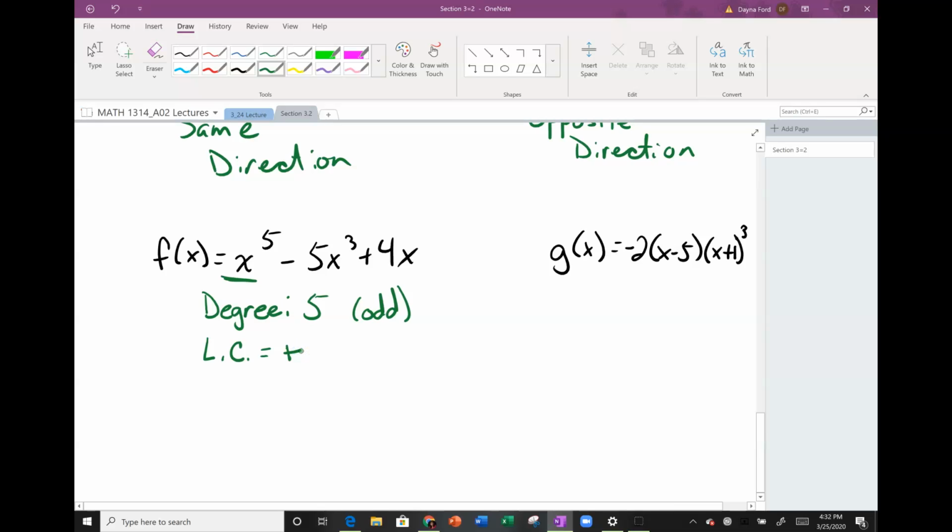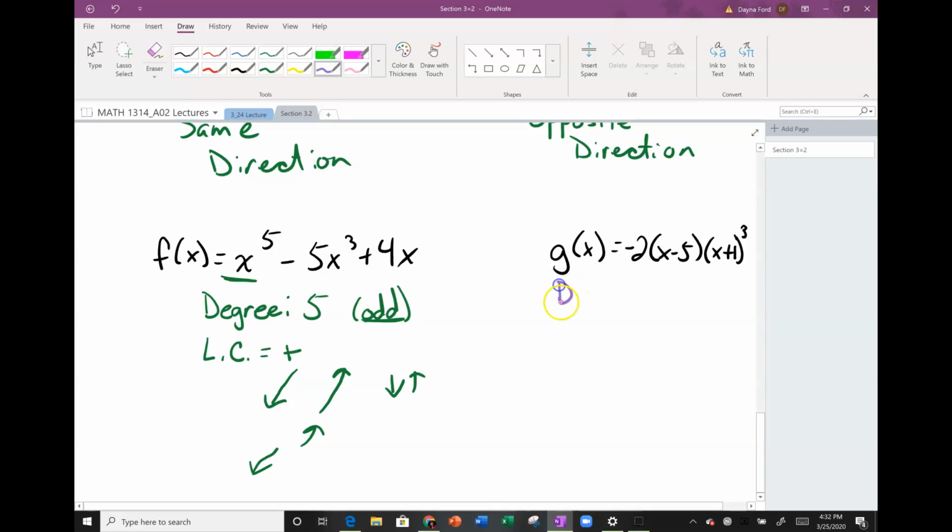So with it being positive, that means I'm going to be going up on the right-hand side. And since it was odd, remember, I was going the opposite direction. So one side is going down on the left and going up on the right. And if you want to, you can draw them either way. A lot of times what we do is just look at their opposite, up on the right, that type of thing. Either way of drawing those is fine.